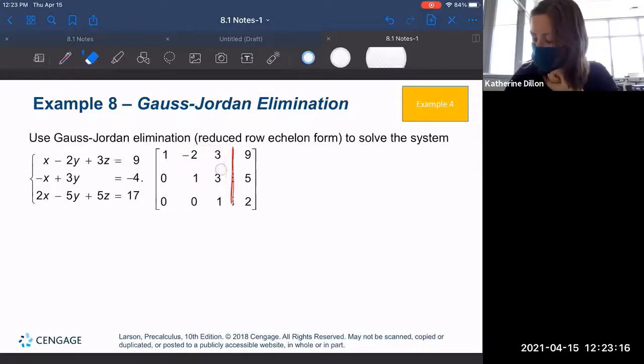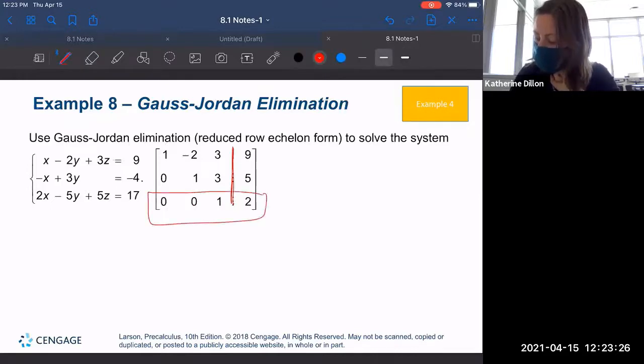What we did first was go down, eliminating this, then this. Now we're going to go up. I'm going to use this bottom row to eliminate the 3. Then I'm going to use the bottom row again to eliminate the 1 up here. And then I'm going to use the middle row to eliminate this -2. So that's where we're going with this. Let's see how it works.